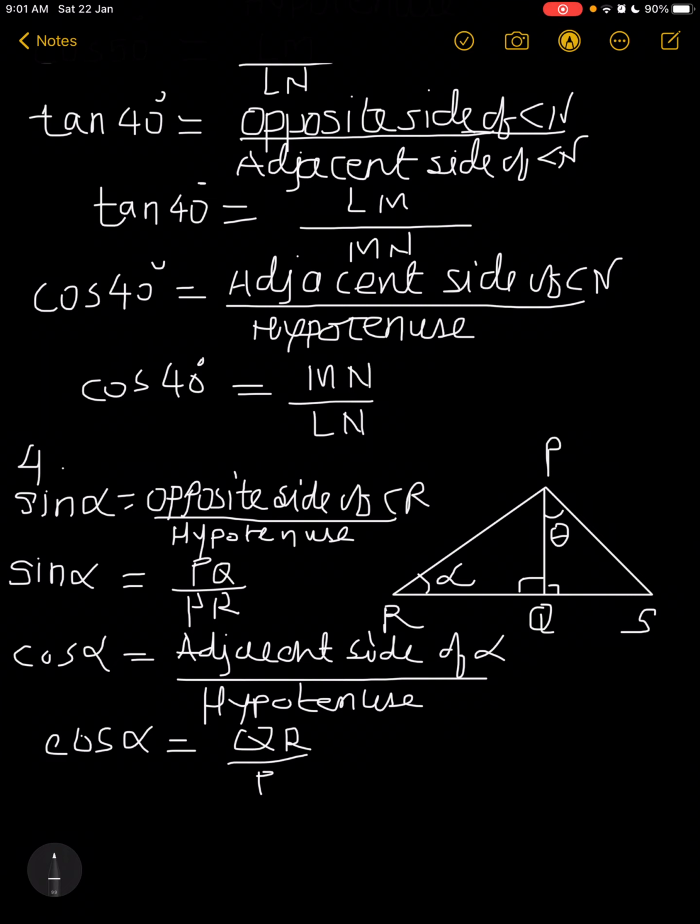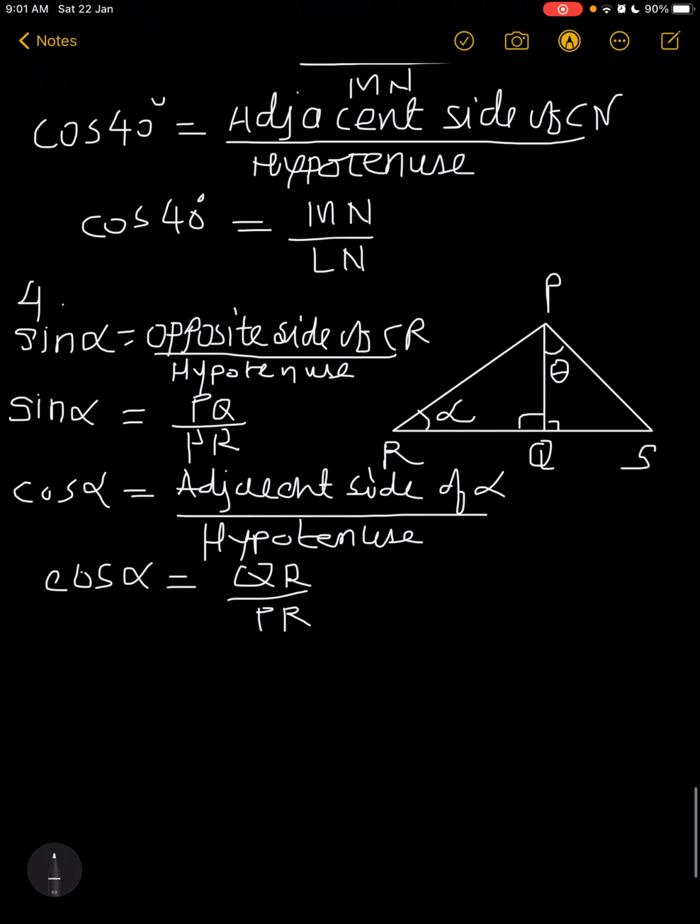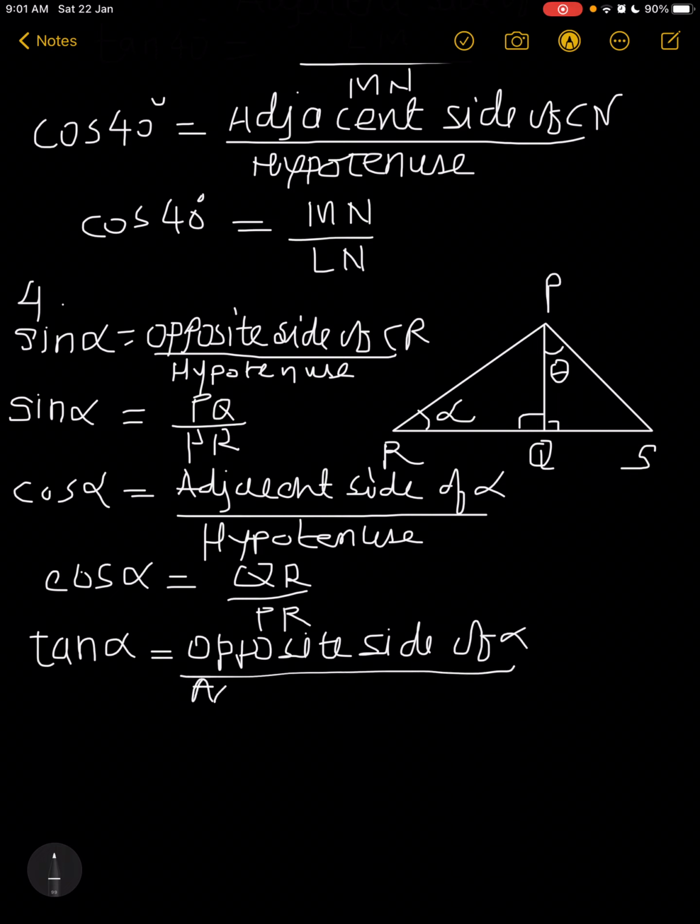Hypotenuse is PR in the alpha triangle. Then the third ratio for alpha, tan alpha. I'll write here opposite side of alpha divided by adjacent side of alpha. Here alpha opposite side, tan alpha.